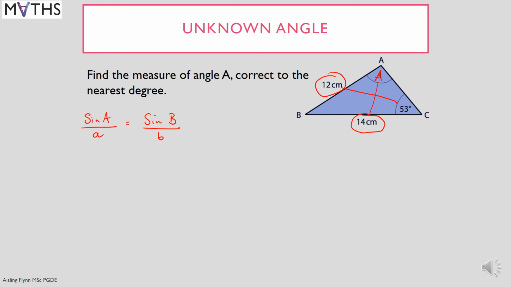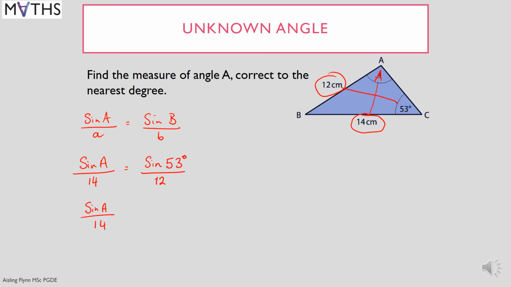Next we're going to put in the values we do know. So we don't know angle A, we'll leave that be. We do know the opposite side is 14. We do know what angle B is. In this case, even though it's labeled C in the picture, I'm using it as B, that's fine. So sine of 53 degrees goes with 12. So what can we do here?